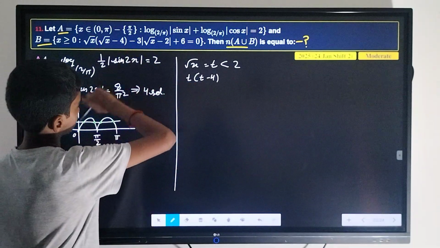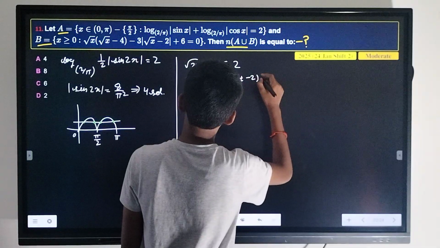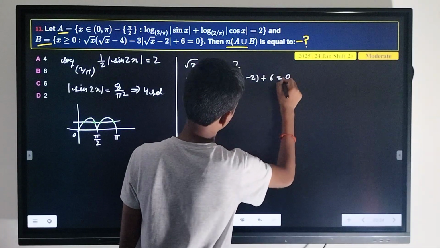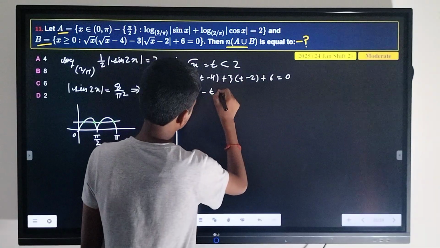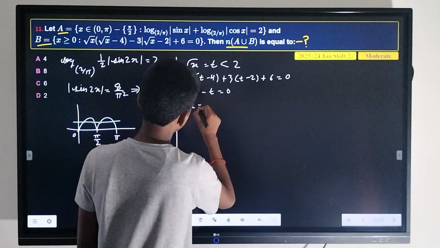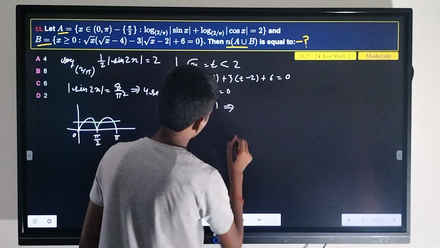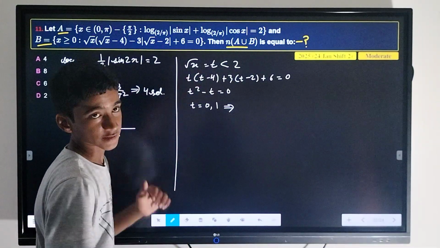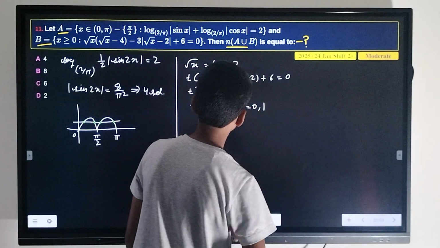Minus and minus will be plus 3t minus 2 plus 6 is equal to 0. From here we will get t square minus t is equal to 0. t is equal to 0, 1. So from here we will put t is equal to 0, 1 here. We will get x is equal to 0, 1.